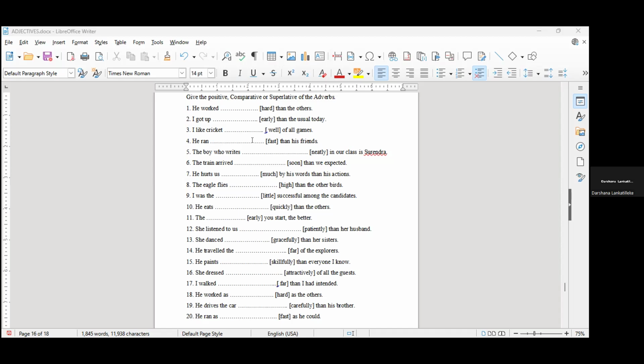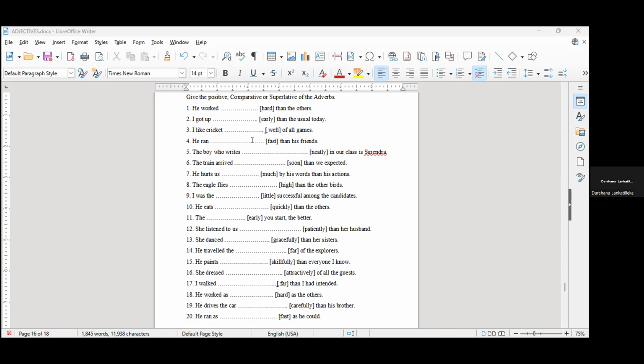Number four: he ran than his friends, then faster. He ran faster than his friends. Then next one: The boy who writes in our class is Surendra.